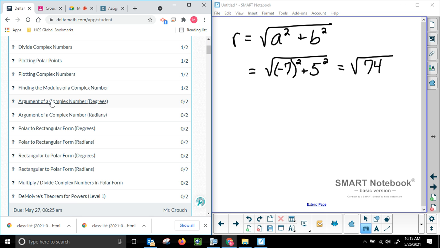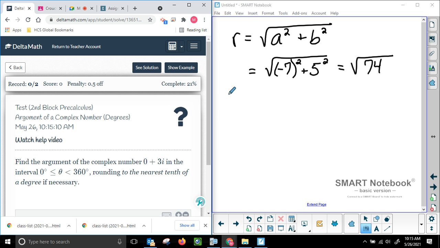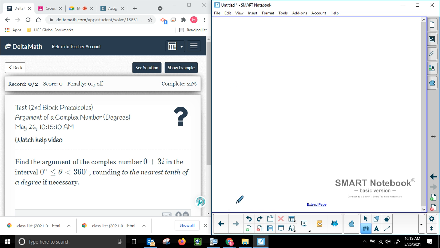So here, finding the argument of a complex number in degrees, right? The argument is theta. And remember how to find theta when going from standard to trigonometric form. We know that tangent of theta is equal to b over a.